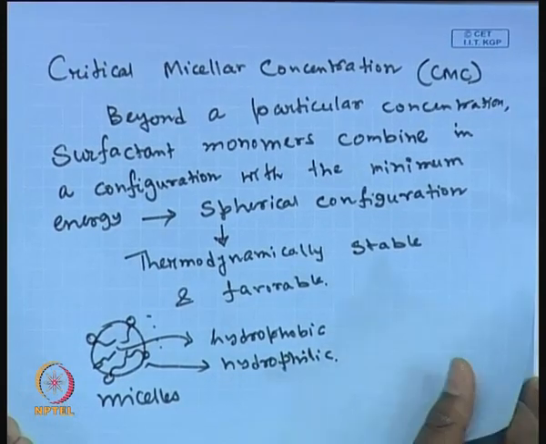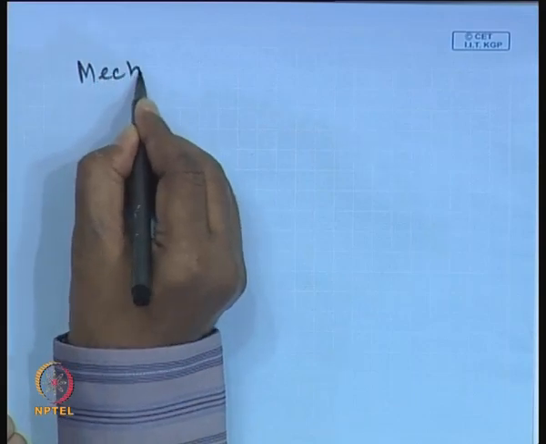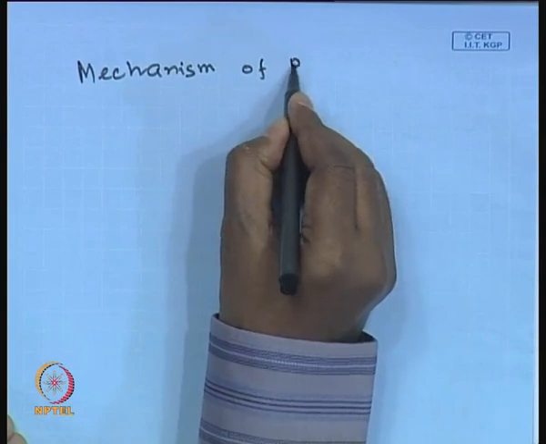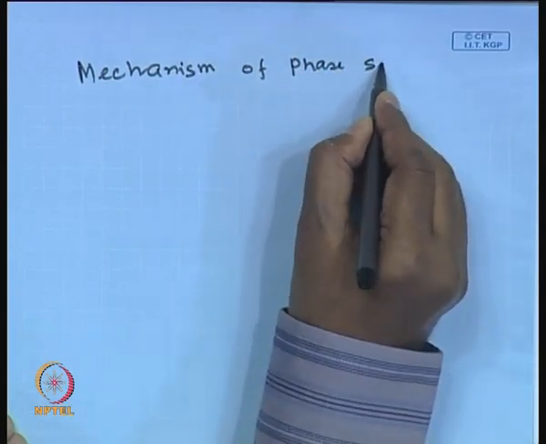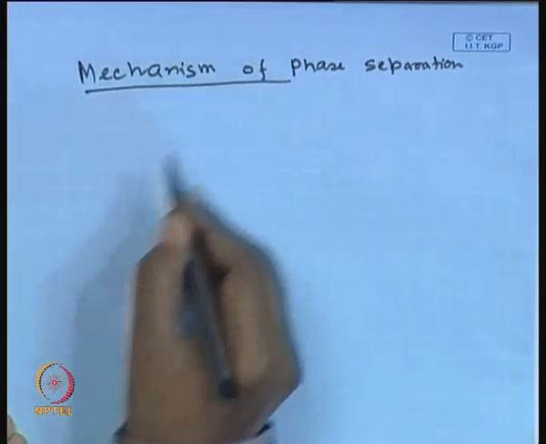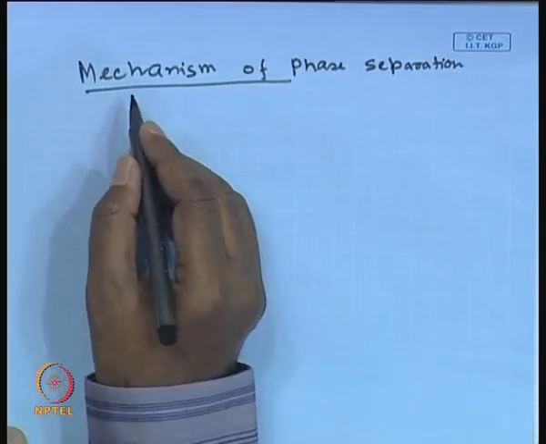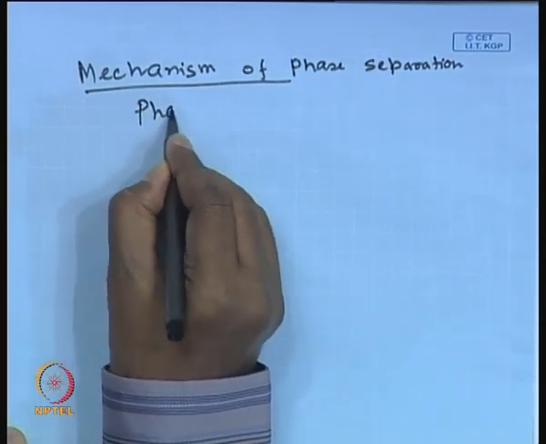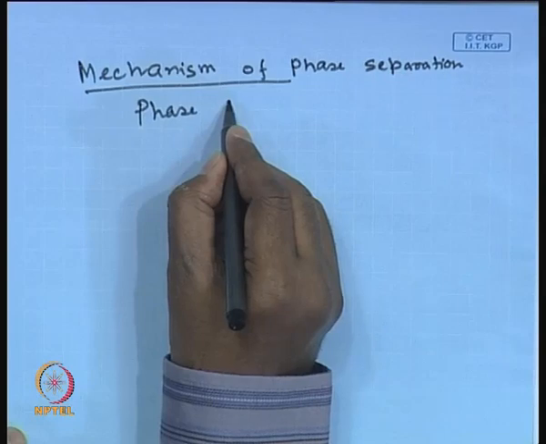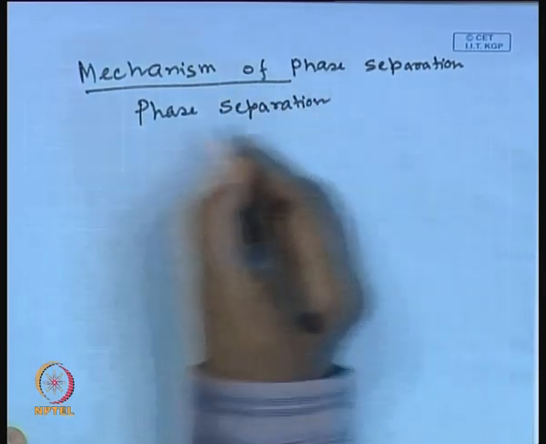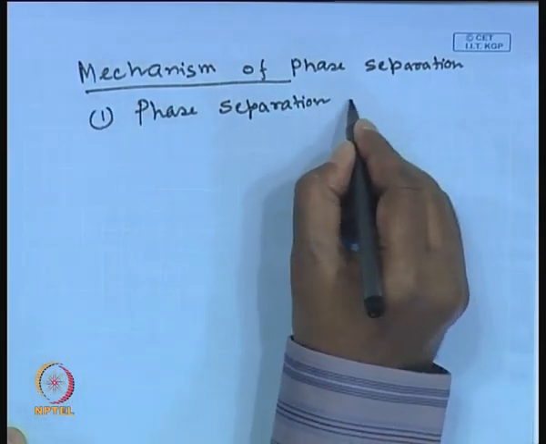Now, let us look into the mechanism of phase separation, how the two phases will separate. This phase change about CPT is reversible. That means the first characteristic is that phase separation about the cloud point temperature is reversible.